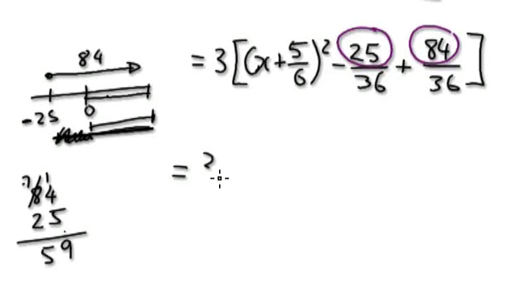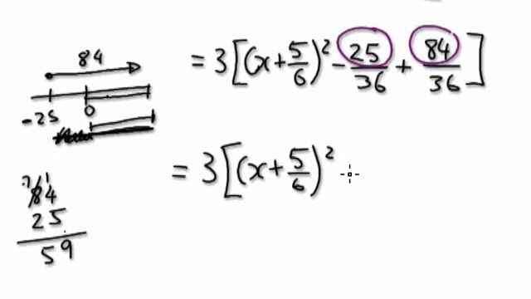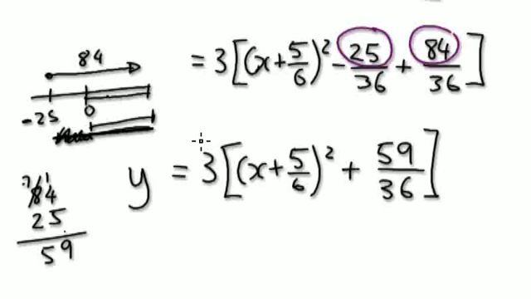Okay, let me just jot this down: x plus 5 over 6 squared, and then plus 59 over 36. Now this is our key stage here.